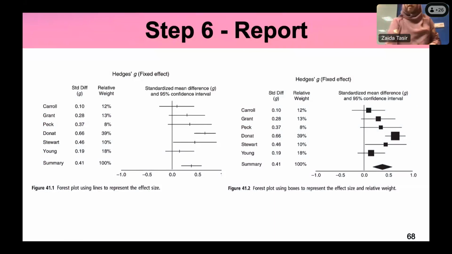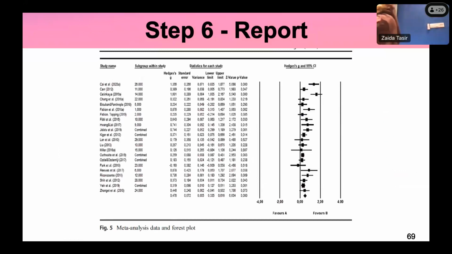So you will report your findings like this. This is meta-analysis, where you analyze the existing effect sizes from previous research.